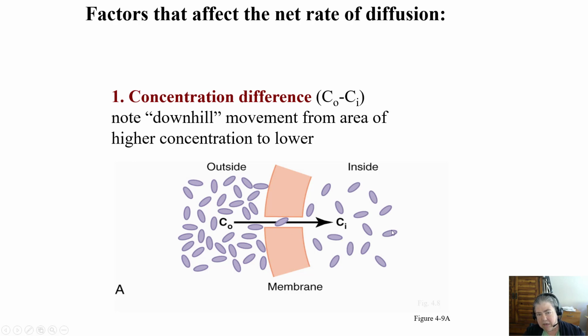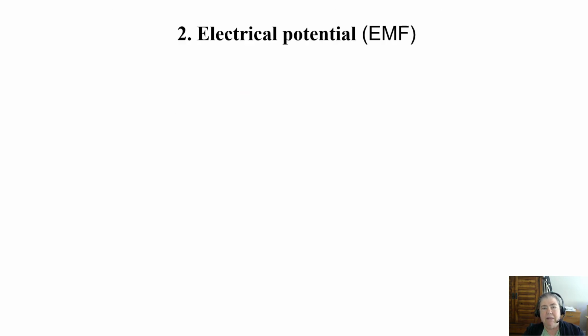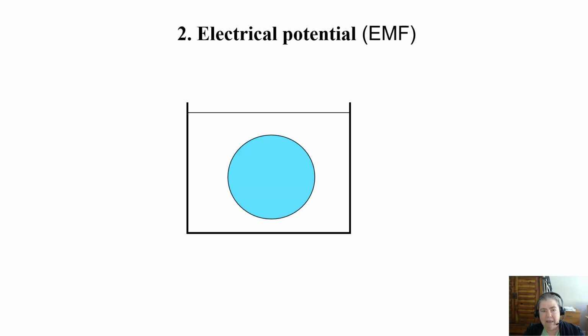As the concentration gradient is relieved, as it approaches similar concentrations, the rate of diffusion is going to slow. But electrical potential can also affect that.